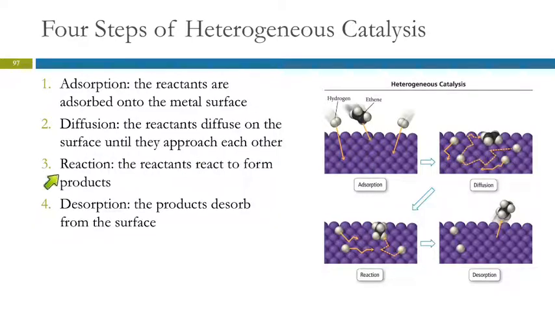And then you have a reaction where the reactants react with each other to form products, and then those products desorb. Desorption, they leave the surface and go back into the gas state. So the process of being adsorbed onto this surface causes a lowered activation energy, a different sort of mechanism.